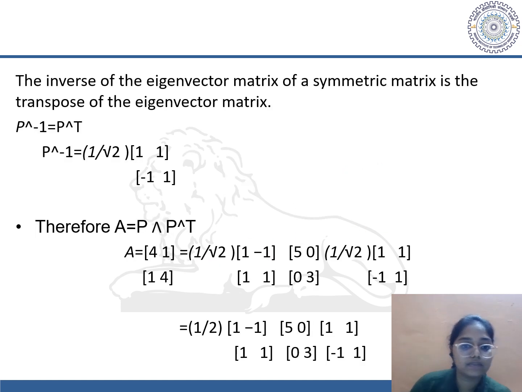And as you know, the inverse of an orthogonal matrix is just its transpose, so we get this P transpose, and then verify the spectral decomposition of the given example of symmetric matrix A, which is P into lambda into P transpose.